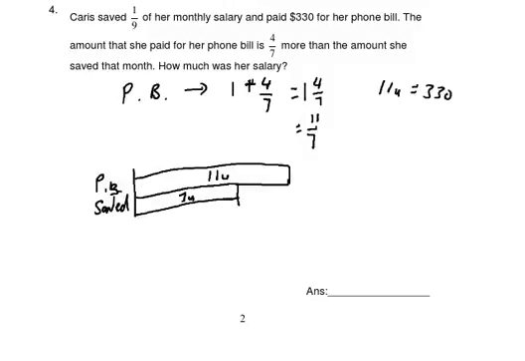Yes? So 1 unit equals to 30, right? And then phone bill is $330. Savings is 7 units, am I right or wrong? Which is $210. Correct?